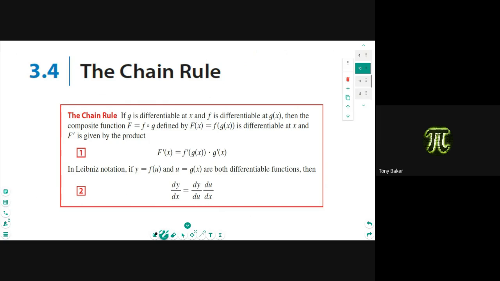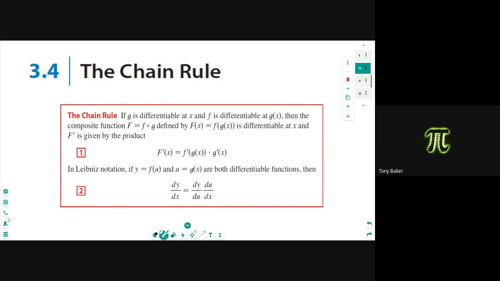The chain rule allows us to take a function that has basically a function inside of another function. If you remember back to pre-calculus, when you were doing composite functions, remember f of g of x was f with the g of x inside of that?